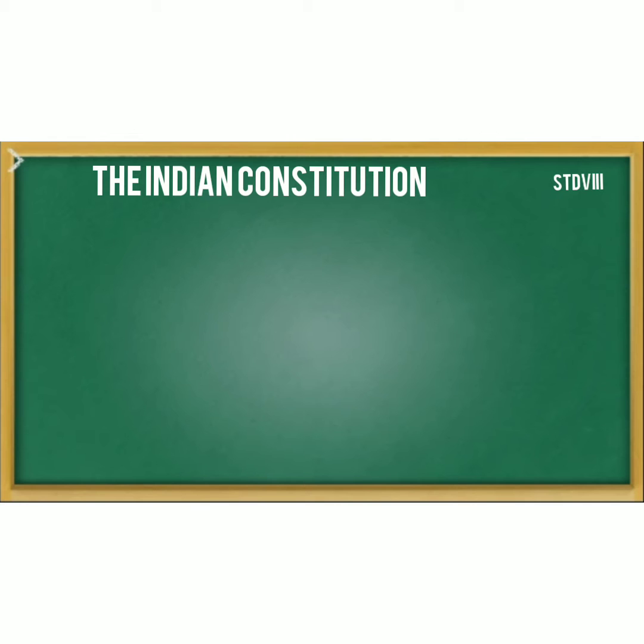So all Indians were tired and disappointed with the authoritative rule of the British. Indians had a great aspiration or a great desire for a free country where everyone will be treated equally.